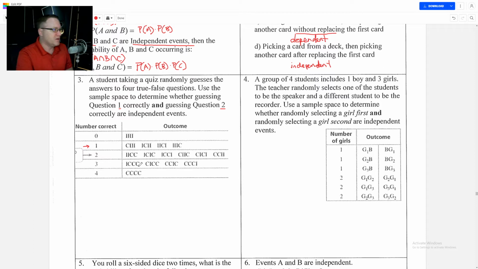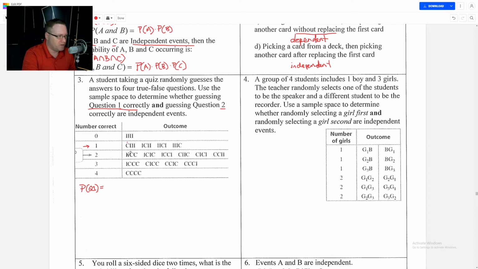All right. So we want to know what is the probability of getting question 1 correct. I'm going to write that like this: the probability of Q1. Well, if we want to know that, we can just count all of the different possibilities that have question 1 correct. This one has question 1 correct right here.